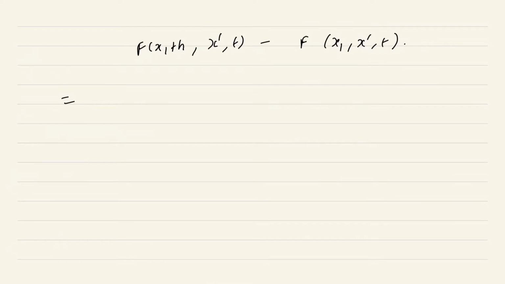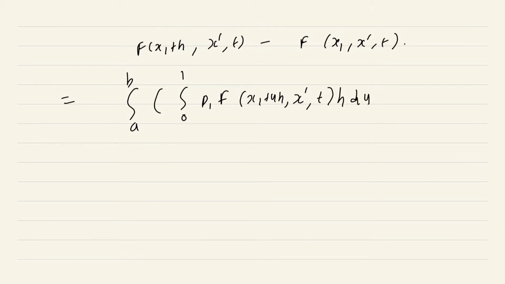This equal to integral a to b integral 0 to 1 d1 of f of x1 plus uh comma x prime comma t h du, and this integral closes, minus h d1 of f of xt, and this whole thing is integrated with respect to t. Okay, so this is the net upshot of the observations that I made at the end of the previous slide. This is nothing but integral a to b.